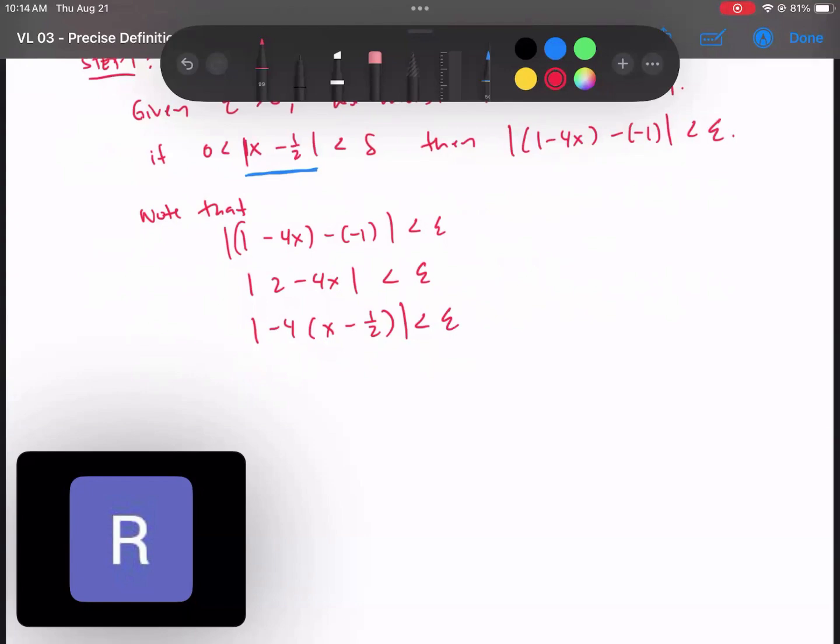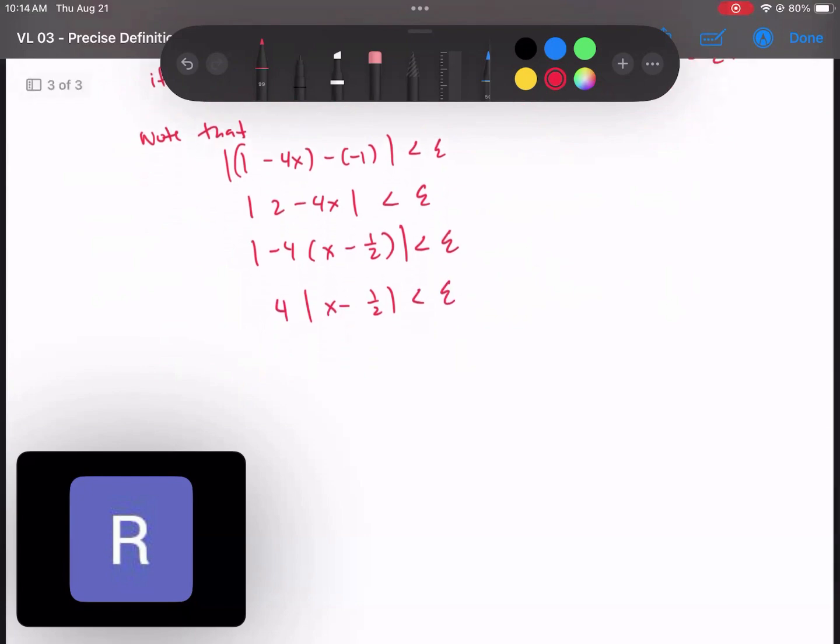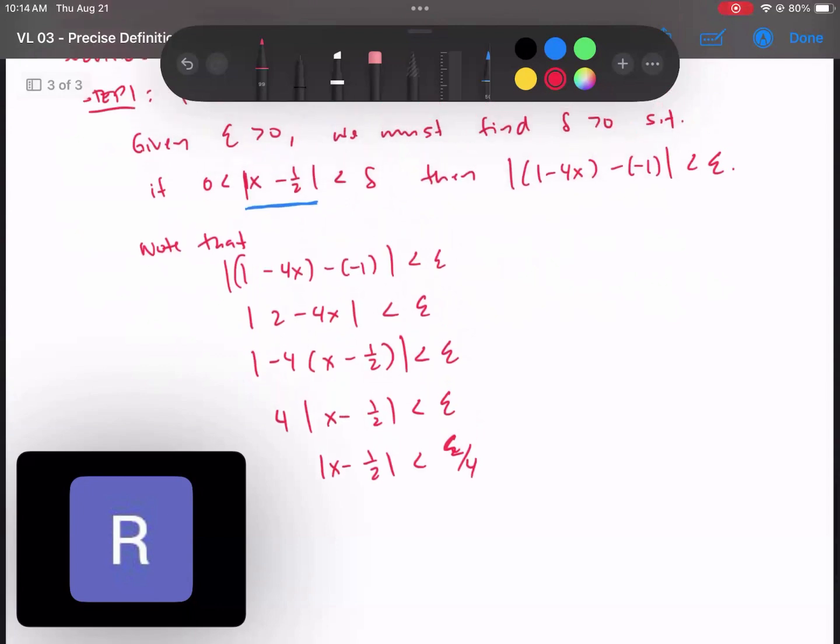Now, since we actually want to have a positive number, because it's inside absolute value, I can take out -4, and it becomes a +4 only. So 4 absolute value of x minus 1/2, then less than epsilon. And so now I can divide everything by 4. So epsilon over 4.